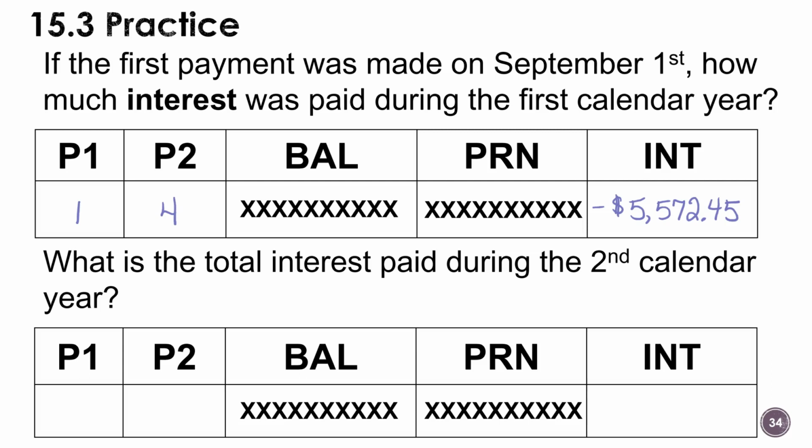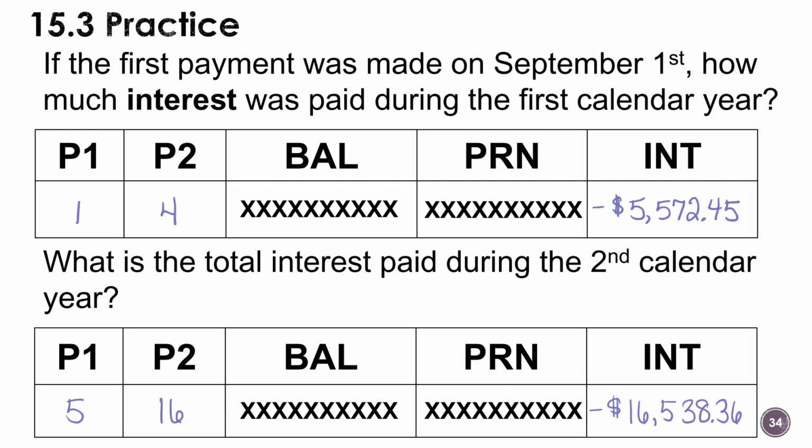Well, the second calendar year starts at payment 5. Now you can count this up, or you can add 11 to the 5, and this will work out correctly every time, and you'll be at payment 16. The amount of interest paid is $16,538.36.